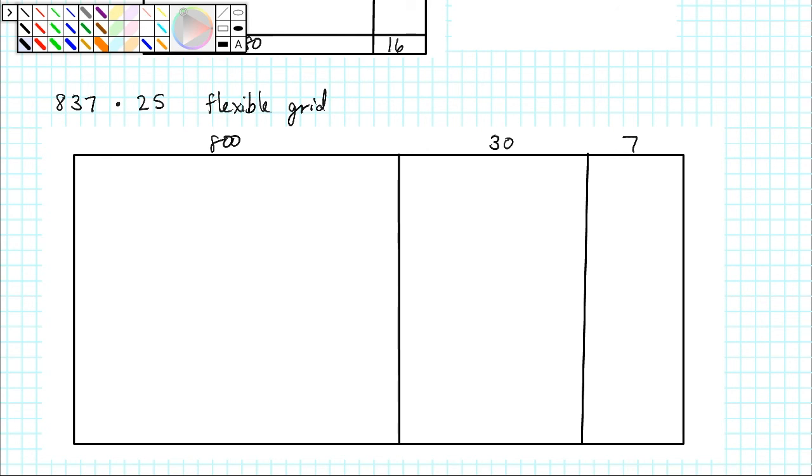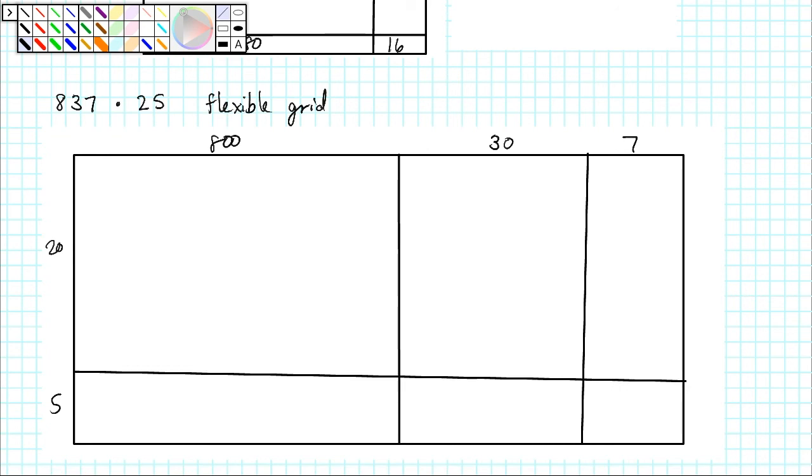But again, this is a representation that's really, at this point, a way of keeping track of all of the different products that I have to make. And 25 is 20 plus 5, so I'm going to write that.